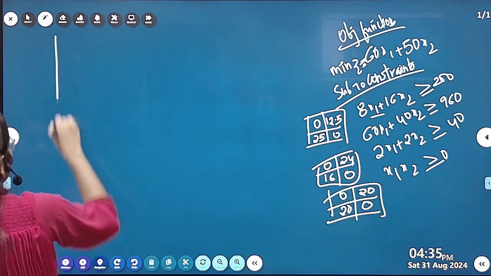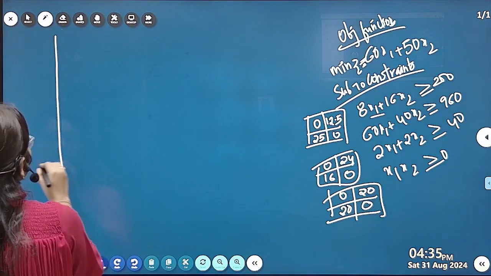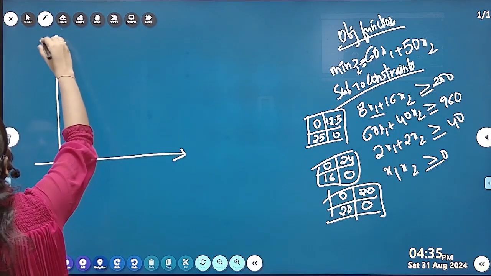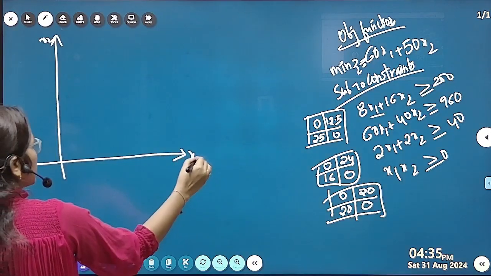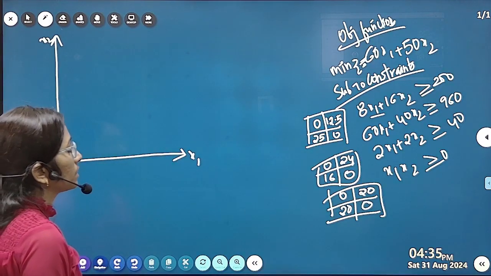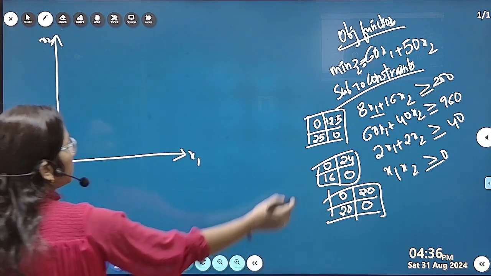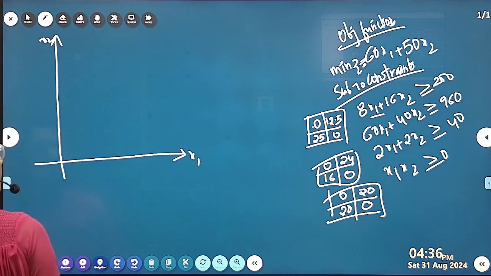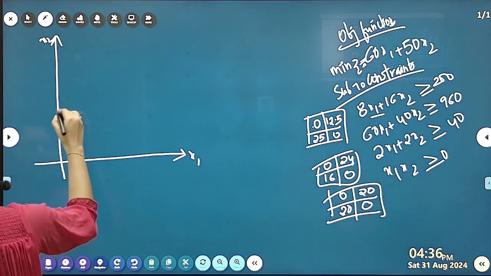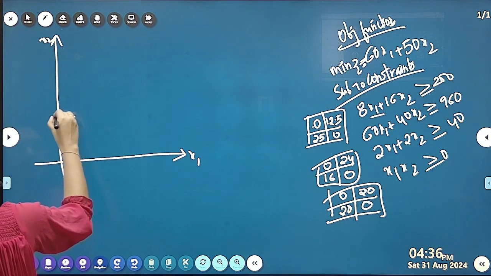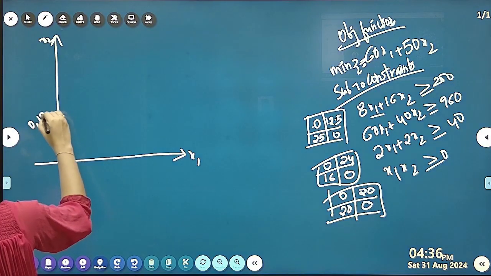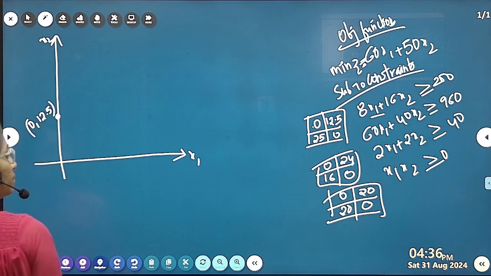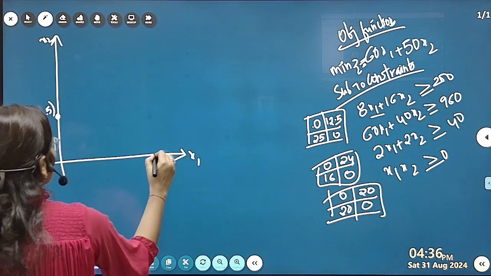So let us draw the graph. So this is x2 and this is x1, right? Tell me the first table point, 0, 12.5, where you will get. Let us take here, you will get 0, 12.5, and 25, 0.